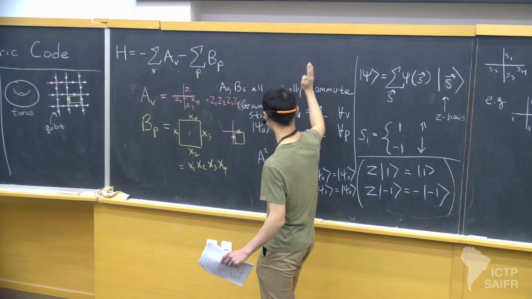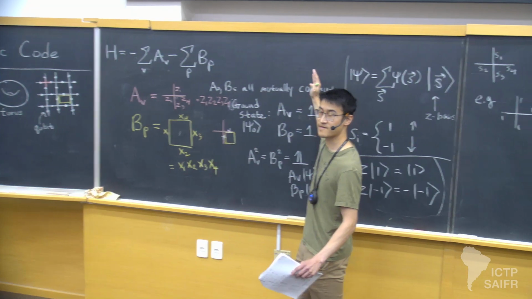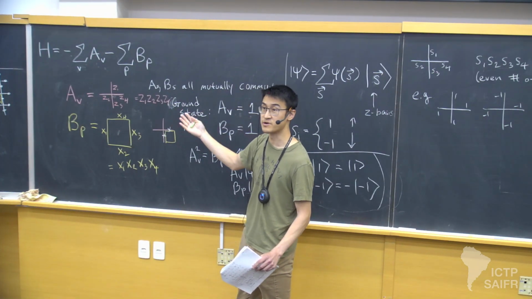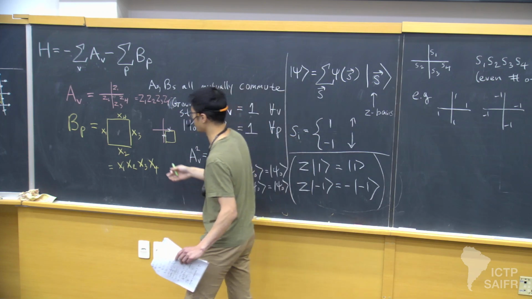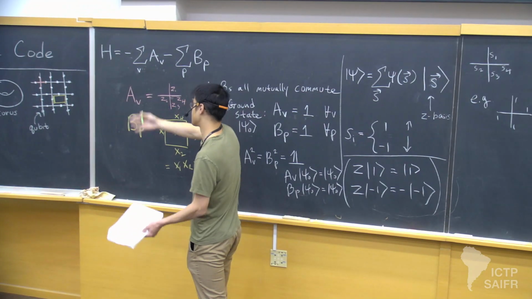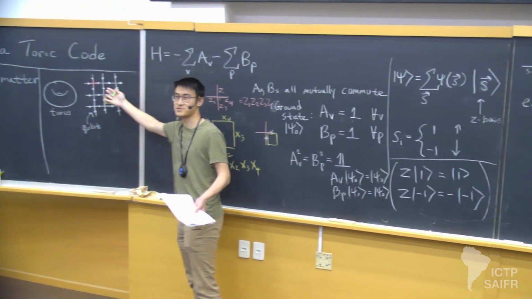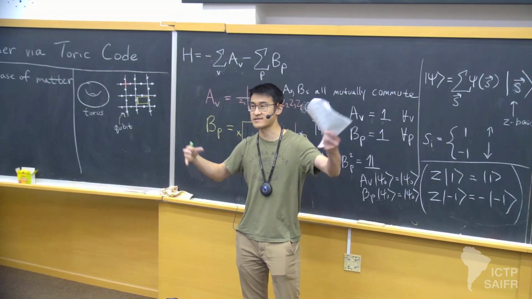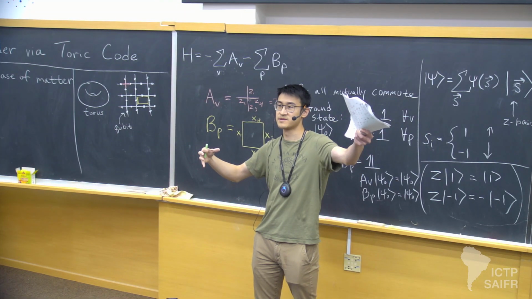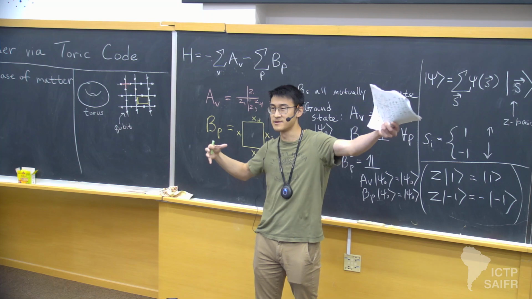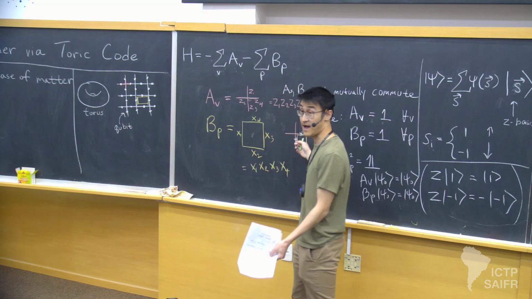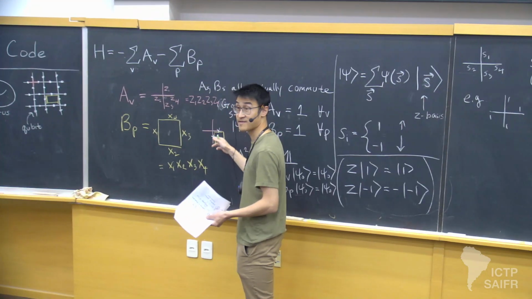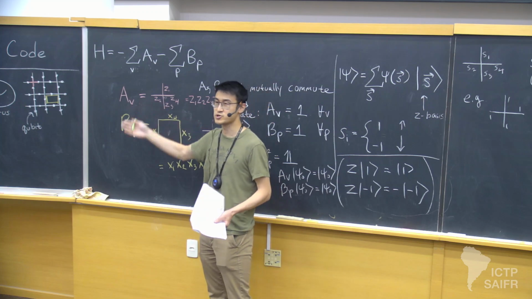Up to this point, we haven't chosen any basis. This is just a statement about operators, right? And so we just have to inspect. If they act on disjoint sets, they definitely commute. The Hilbert space is a tensor product, right? But if they overlap, they always overlap in pairs, you can check.